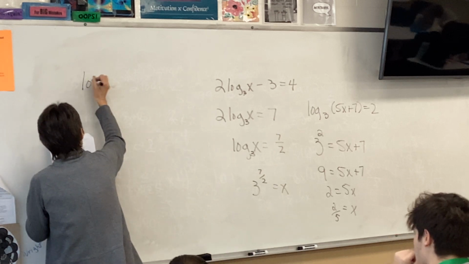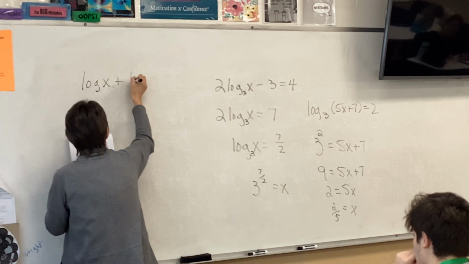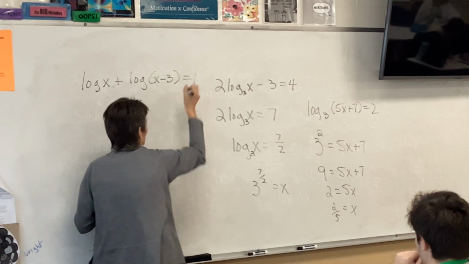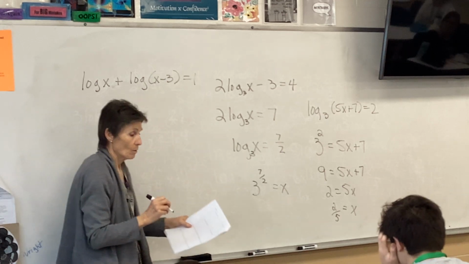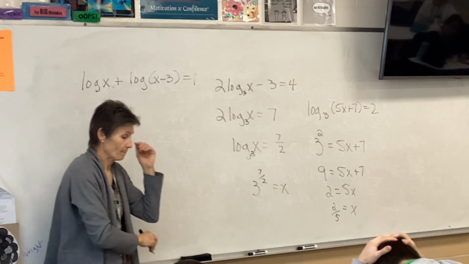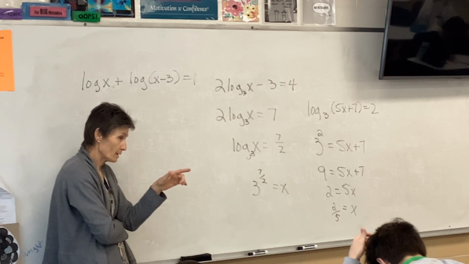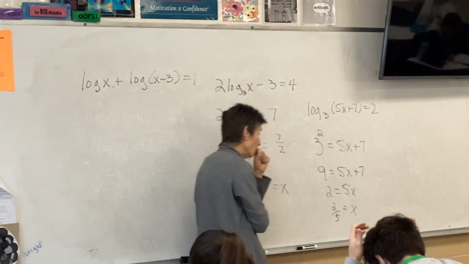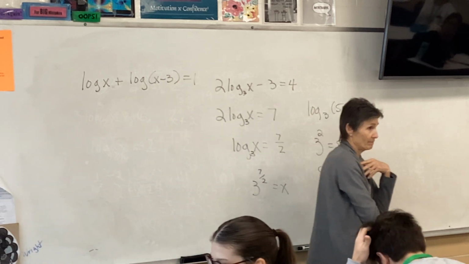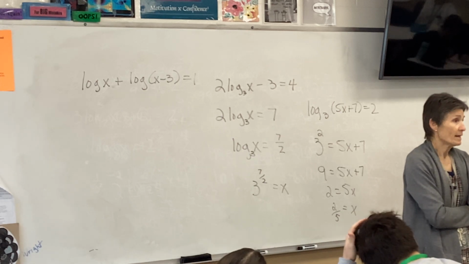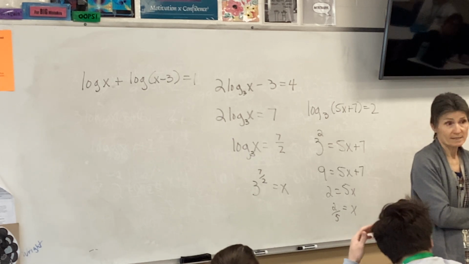Now, here's where things get interesting. What is different about this problem? There's two logs. Now, you cannot, I cannot, no one can, do a logarithmic equation that has two logs on the same side.